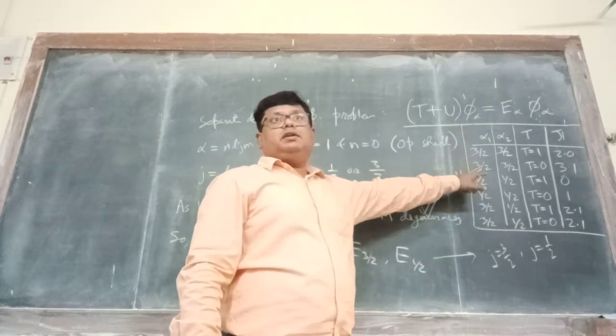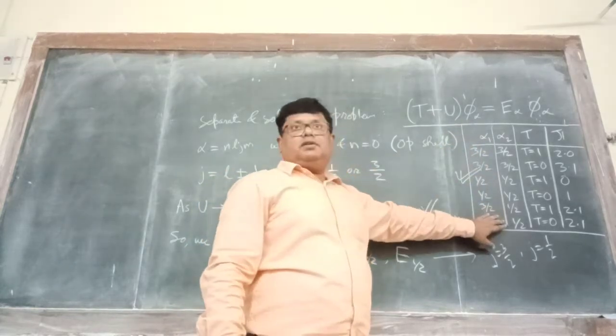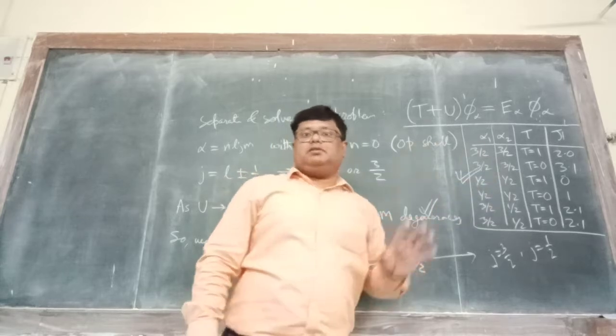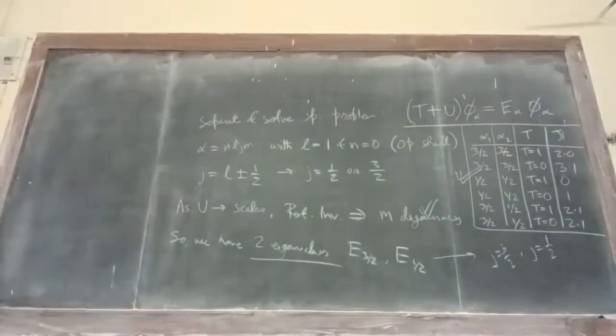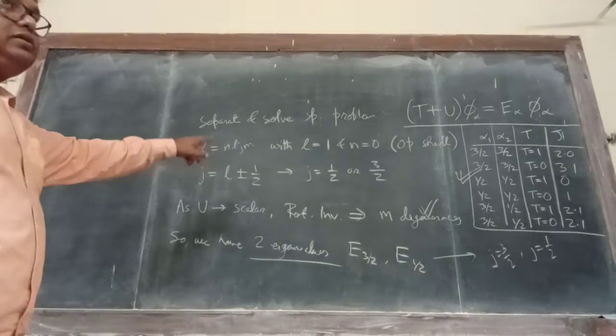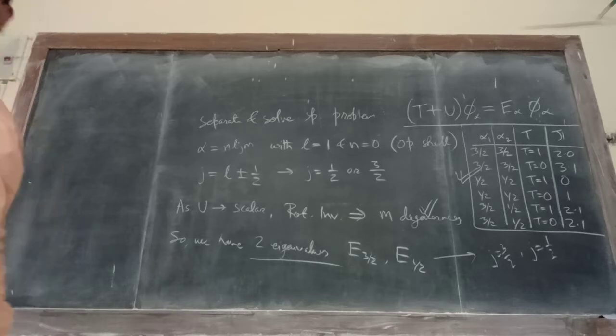What is the total isospin T and total J? So you have to do this. I have written here, you have to check this yourself. Okay? And this we will use now for the perturbation treatment for the residual interaction.